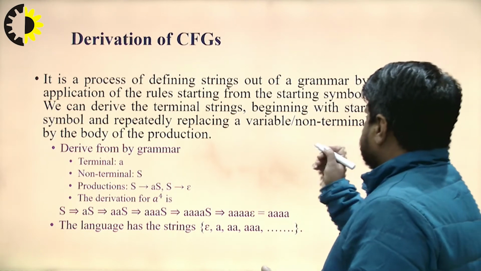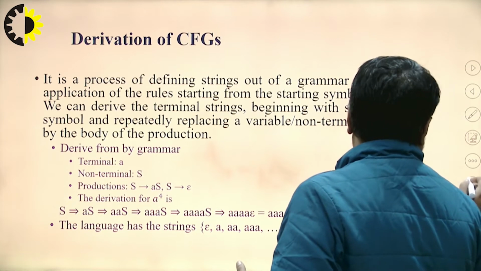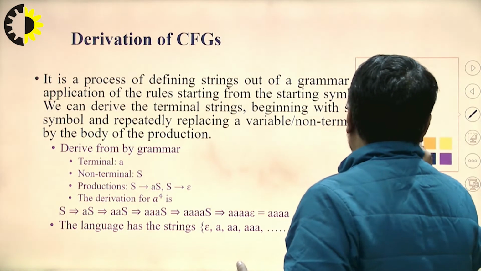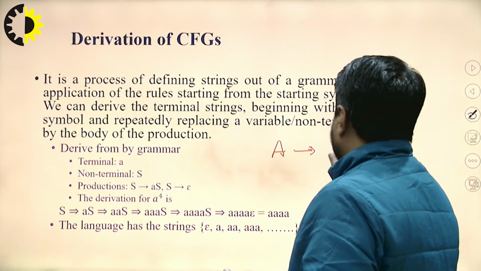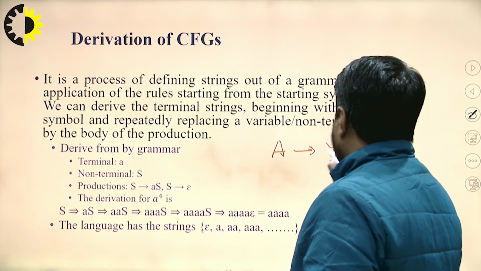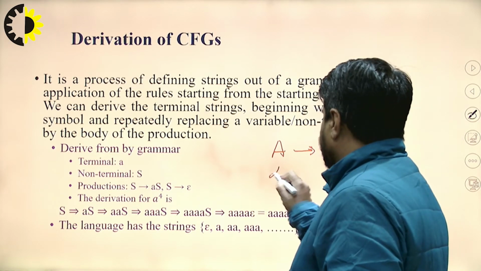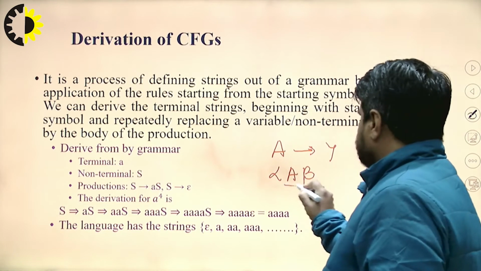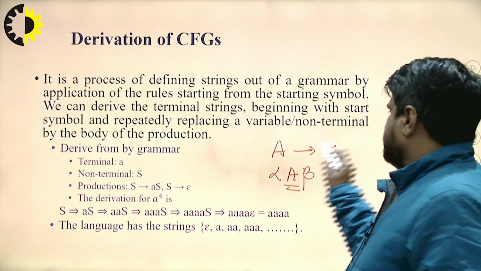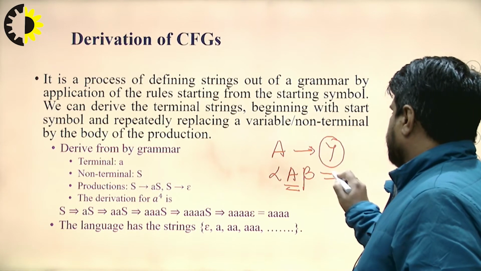In a nutshell, let's say a production is A tends to gamma. If a string of terminals and non-terminals is alpha A beta, then you replace this non-terminal A by the right hand side of the production in that particular string.